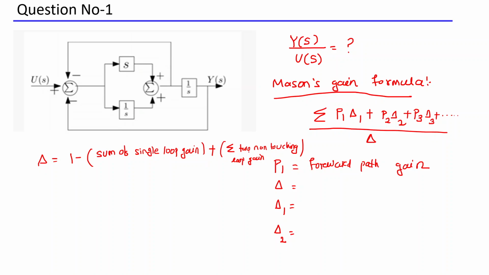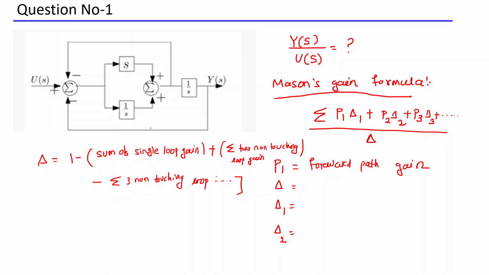If I am using two non-touching loops and doing the summation of all, then I use the plus sign. Again, if I use the sum of three non-touching loops, then use the minus sign. For every odd number you take the minus sign, for every even number you take the plus sign. Like that, summation of three non-touching loops, and it can go up like this. So this is the meaning of delta.